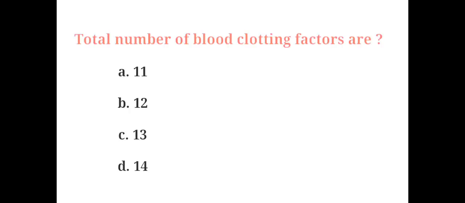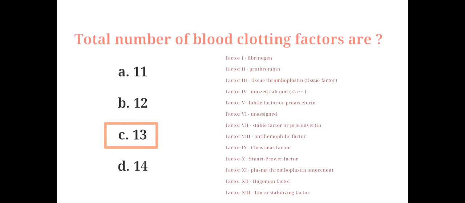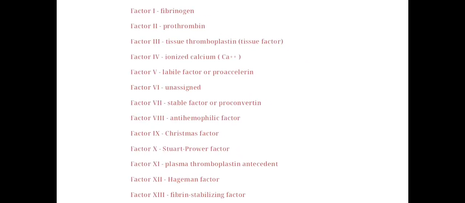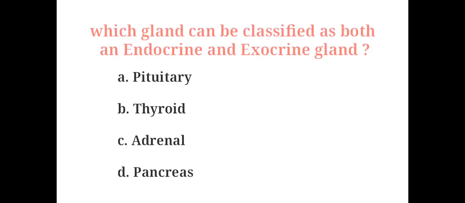Total number of blood clotting factors are. The correct answer is C. 13. Which gland can be classified as both an endocrine and exocrine gland? The correct answer is D. Pancreas.